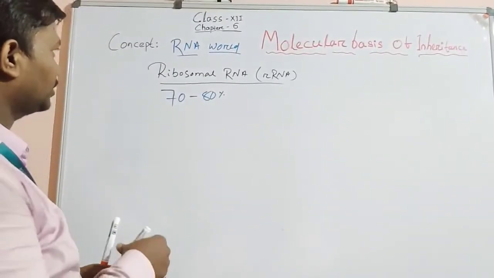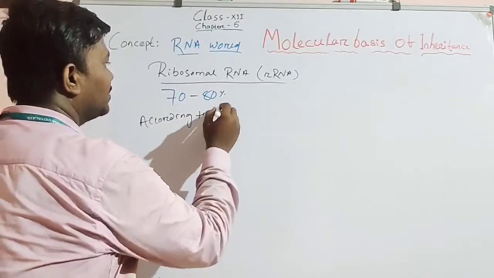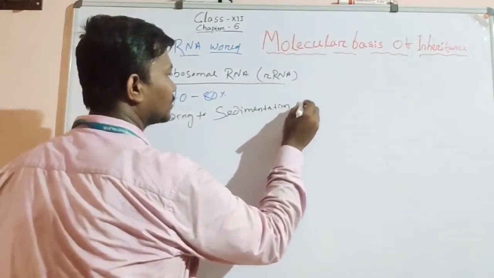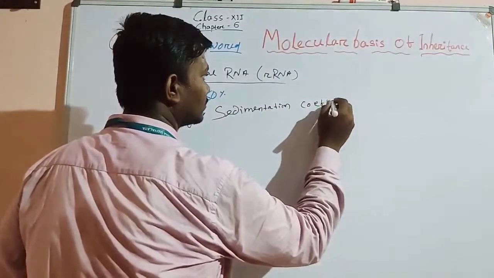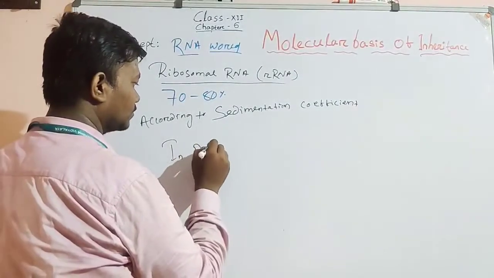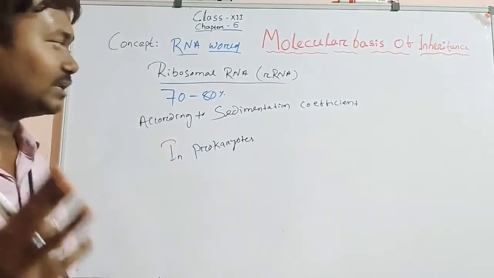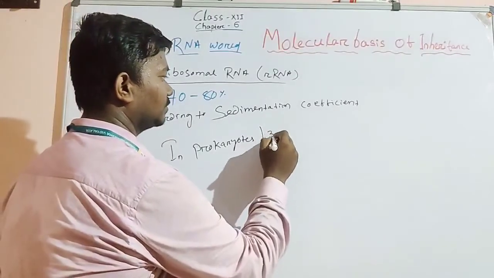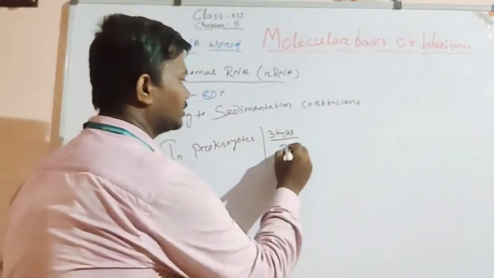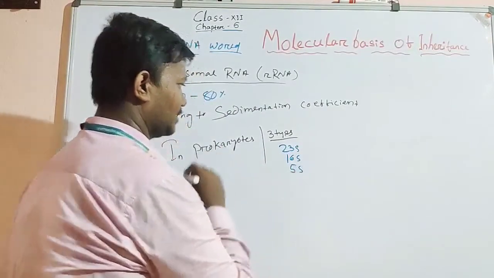In prokaryotes, these are 23S, 16S and 5S type.